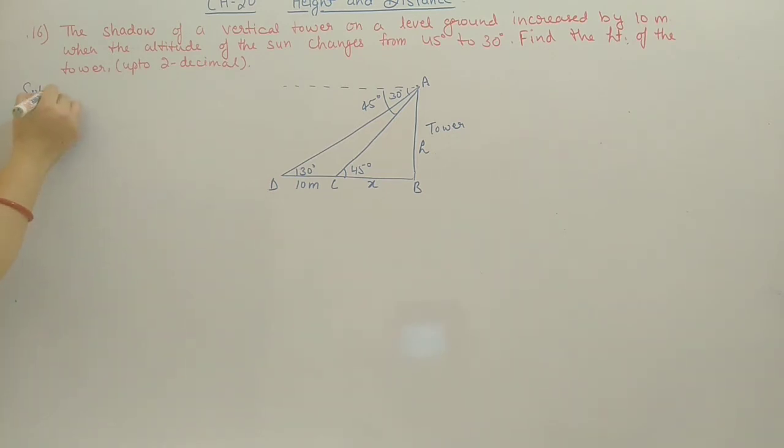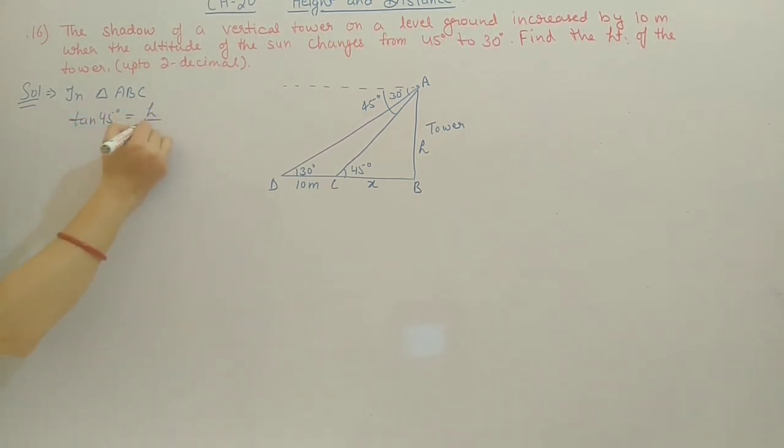So first, in triangle ABC, tan 45 is equal to height by base. Tan 45 value is 1, so h by x, or we will get h is equal to x. This is our first relation.